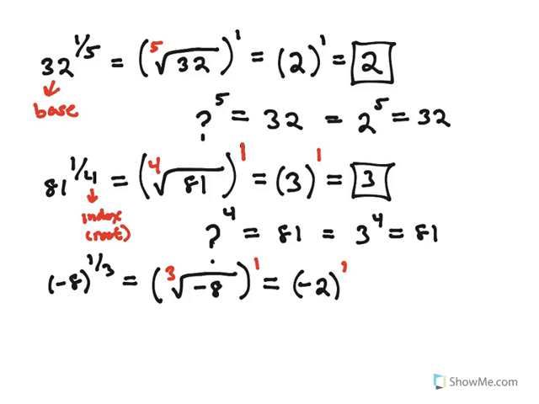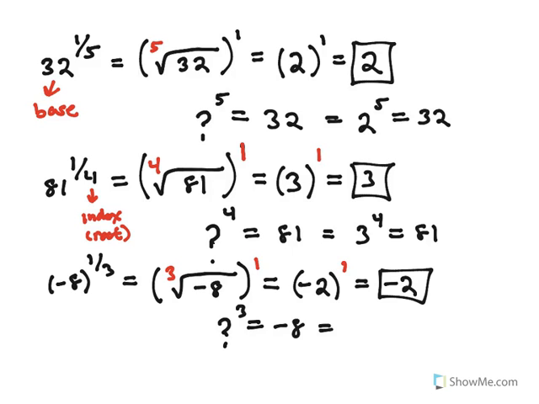And you raise that to the first power. Again, anything to the first power is just that number right back. And there you have it. So that is a way that I usually interpret that. Again, if you want to do it the other way, you can say, okay, well, what number raised to the third power is going to give me negative 8?